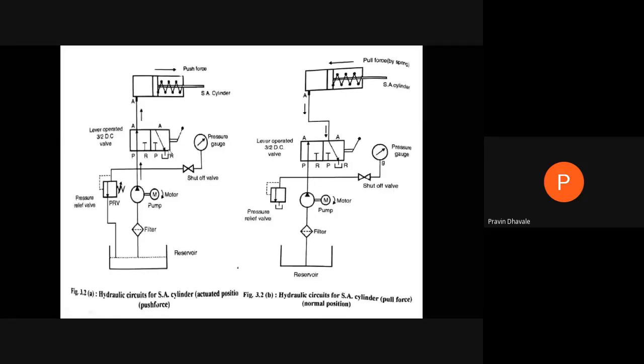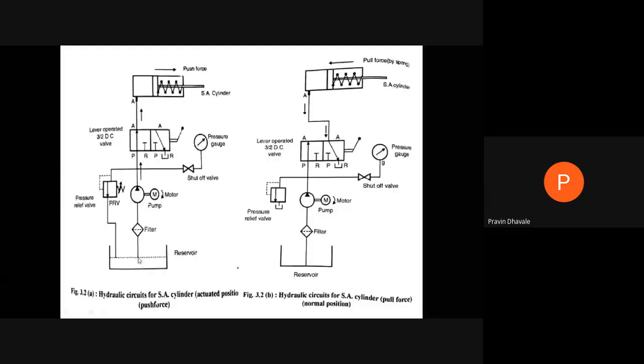When we start this motor, it will run the pump, and it will suck the oil or fluid from the reservoir. It gets filtered through this filter, then it passes through this line. Its pressure is measured by using this pressure gauge, through the shut-off valve.